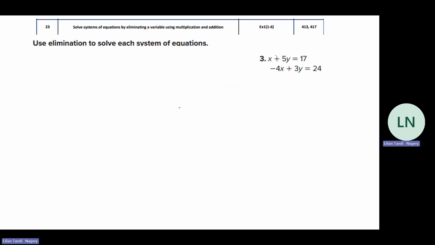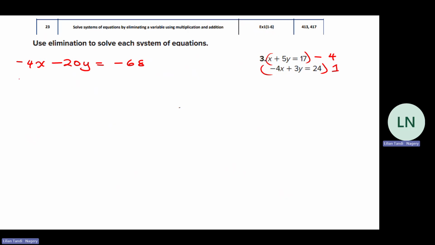So I will eliminate x. I'll multiply here by 1. I'll multiply here by negative 4. So I'll have negative 4x minus 20y equals to negative 68. 17 times negative 4 is negative 68.